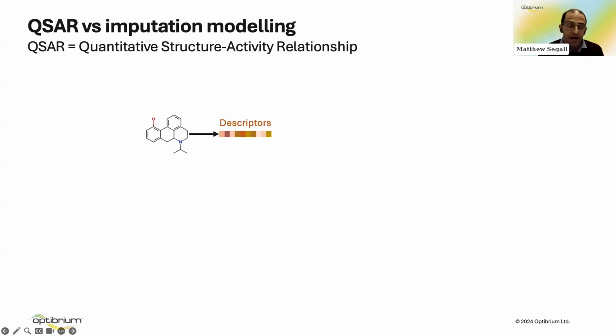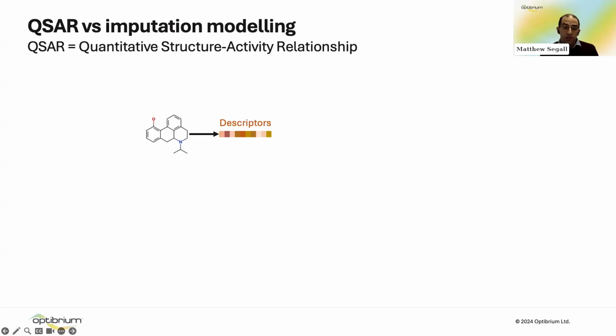Now, before we get into that, I just wanted to talk a little bit about the methods that we're using, particularly deep learning for imputation of data, and contrast imputation with more conventional QSAR, or quantitative structure activity relationship, models. So when we're building QSAR models, we start with a compound structure, and from that we can calculate a set of descriptors based purely upon that structure.